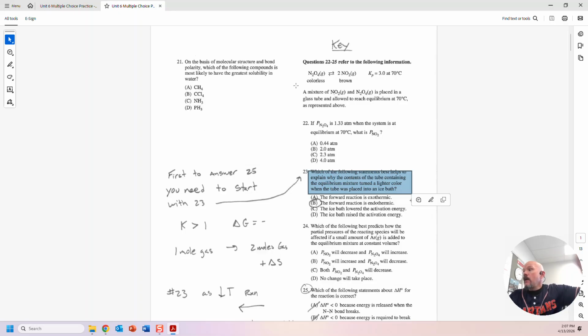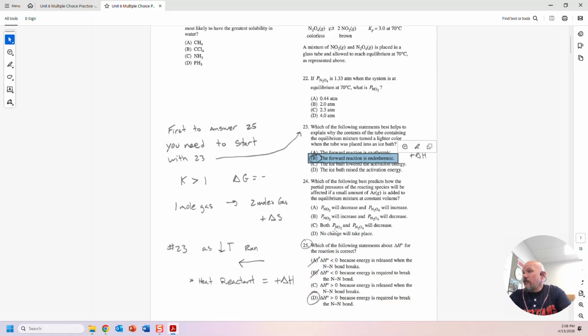All right. That means heat is a reactant, because the removal of heat shifted it towards where heat would be. The removal of heat shifts it where heat is. That's to the left, to the reactants, positive delta S. Okay, endothermic. So from number 23, we determined the forward reaction is endothermic.